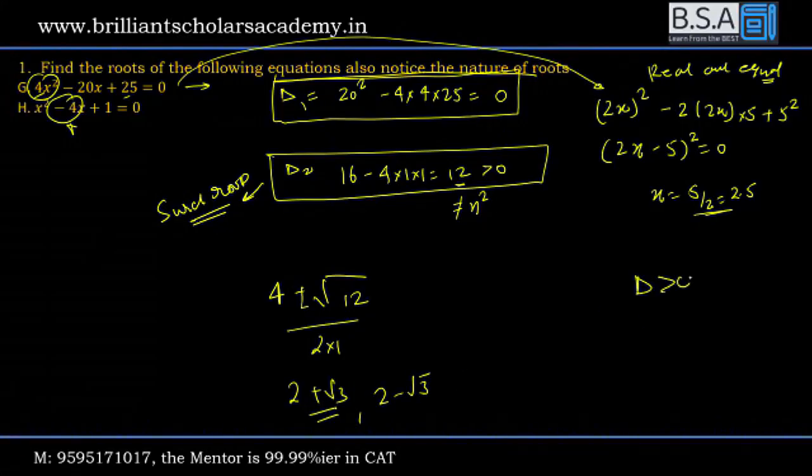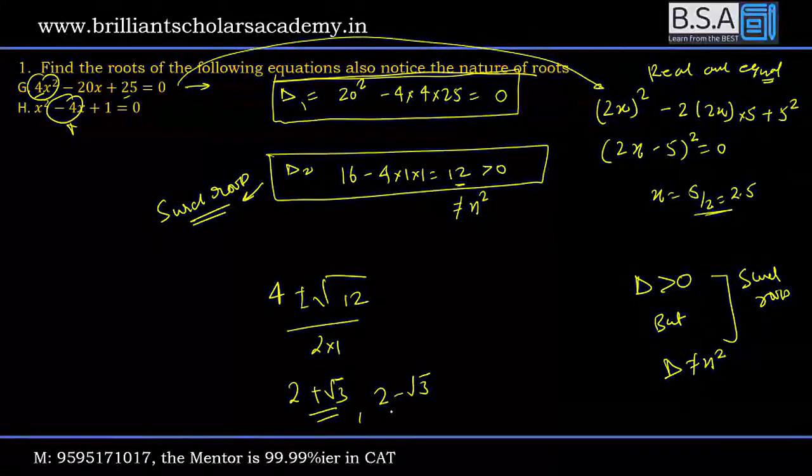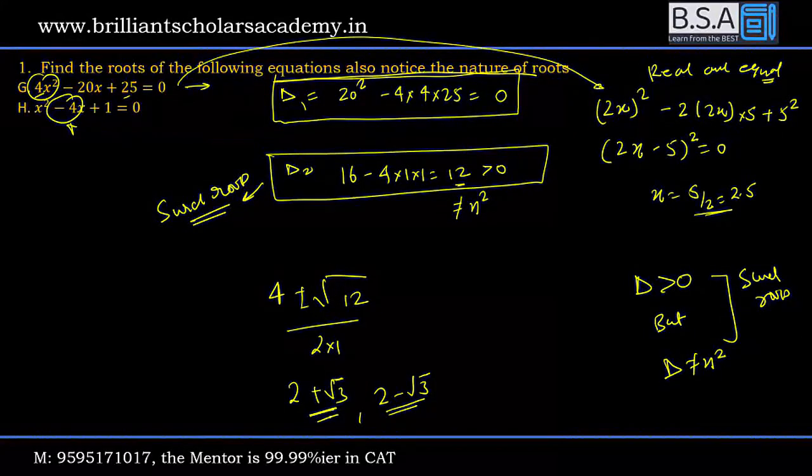When delta is more than 0, but delta is not a square, that is where we have surd roots. And notice, like imaginary roots, they also appear in pairs. ये हमेशा pairs में आते हैं, just like imaginary roots.